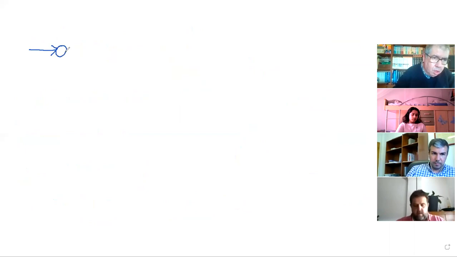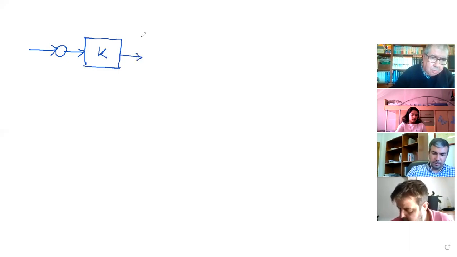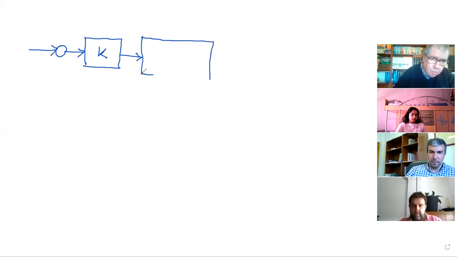Now, suppose that you have a control system. And you put here something which is y dot equal to minus 5y plus u, and u is here.